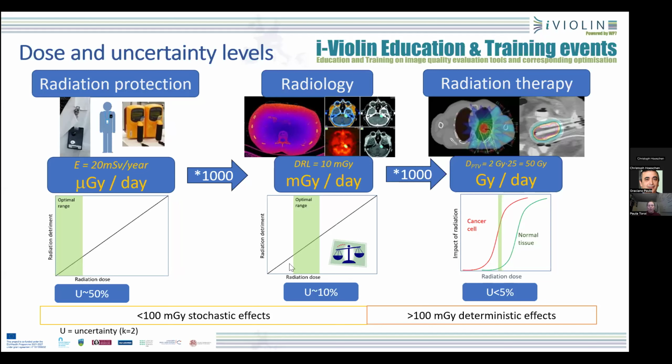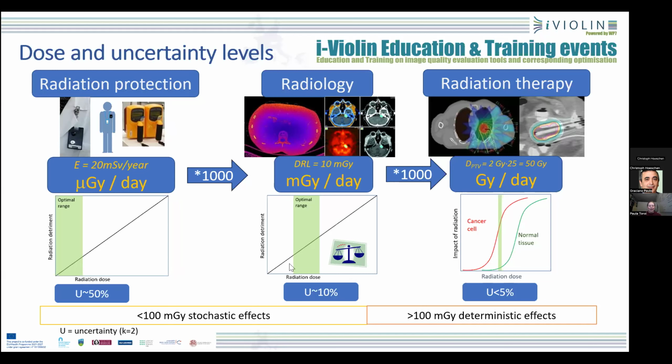So we have many radiation workers, and we want to protect them from radiation. So then we talk about radiation protection. And normally in this field, if we don't have any accidents or anything like that, we talk about dose rates which are in a range of micrograys per day.